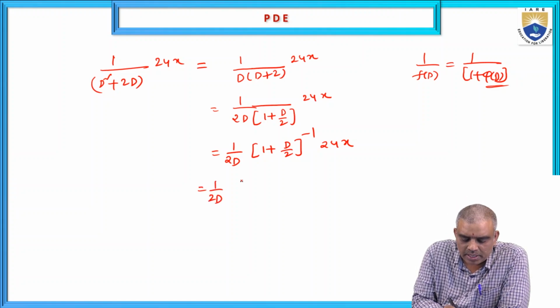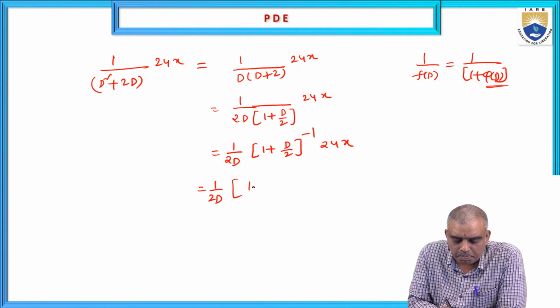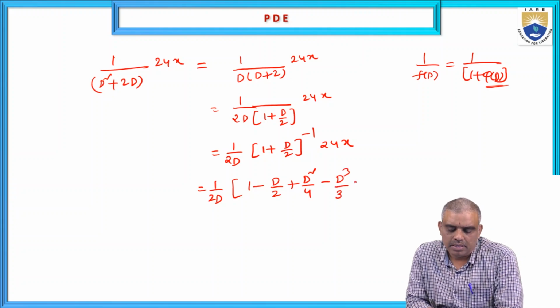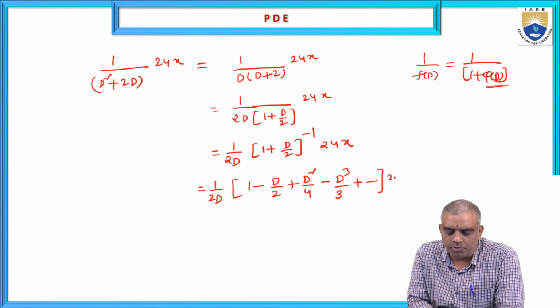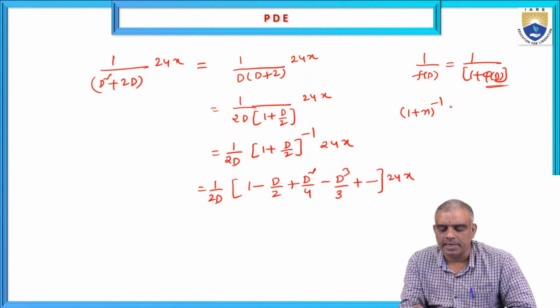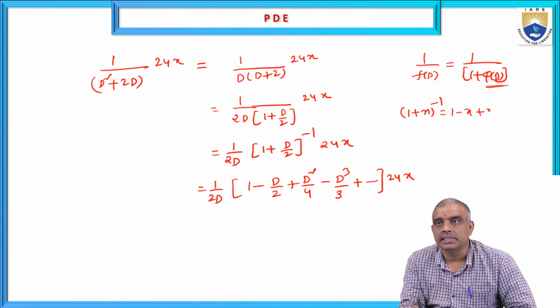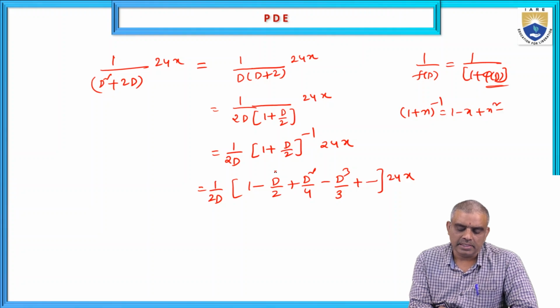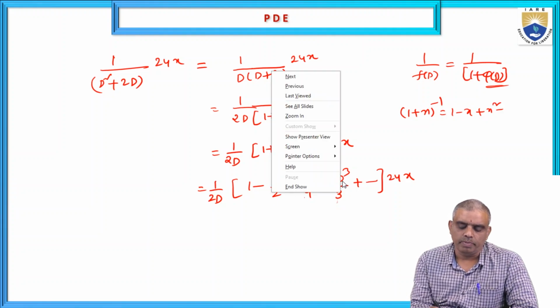So 1/(2D) (1 - D/2 + D²/4 - D³/8 + ...) of 24x. It is the (1 + x)^(-1) expansion: 1 - x + x² - x³, like that. So here 1 - D/2 + D²/4 - D³/8.